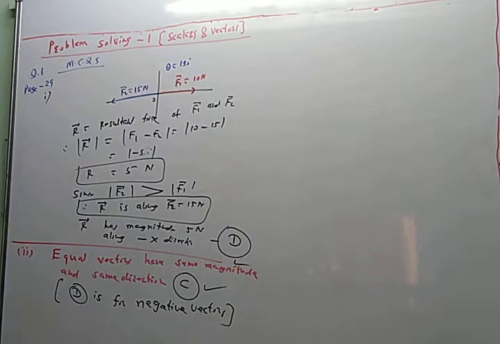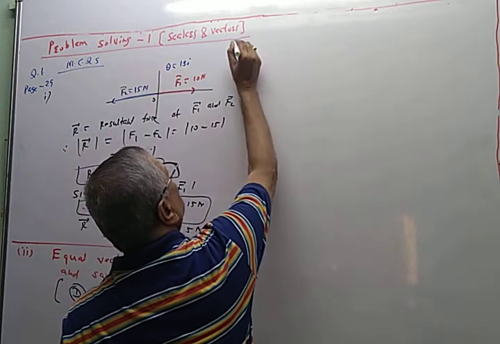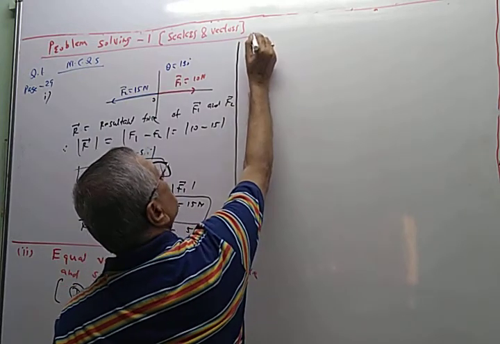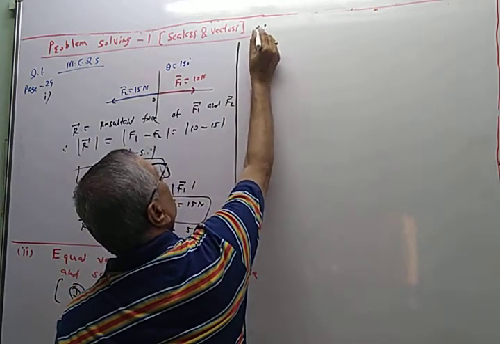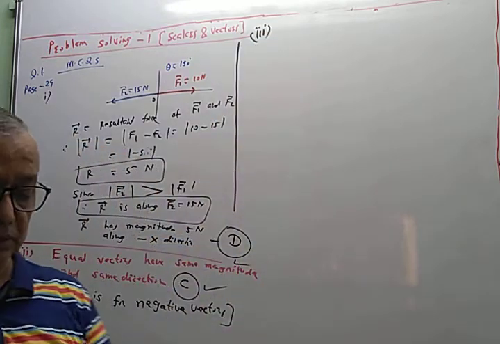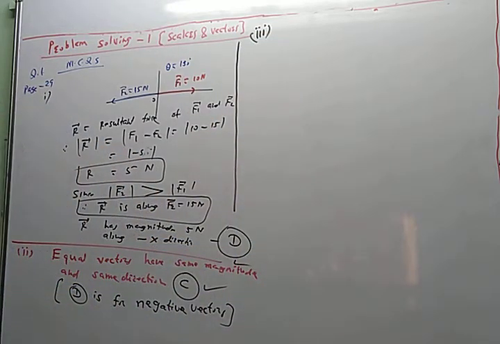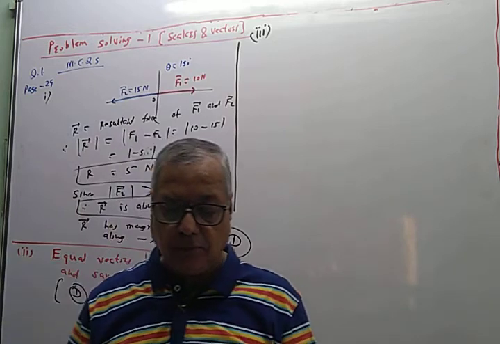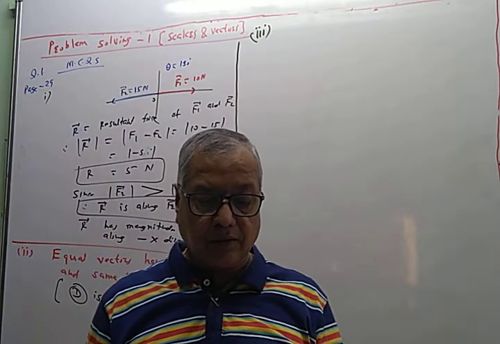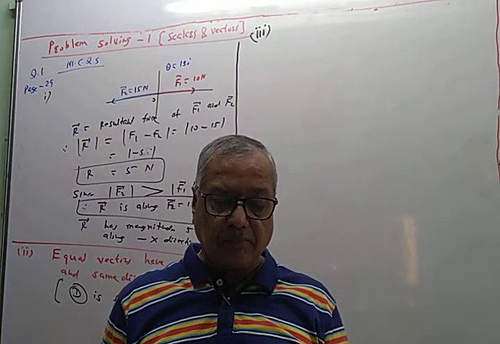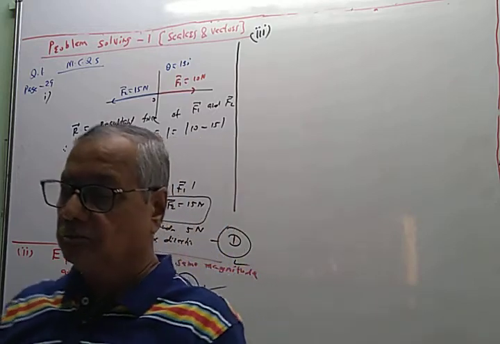Then question number 3. The third question: the magnitude of the scalar product of two unit vectors perpendicular to each other is.